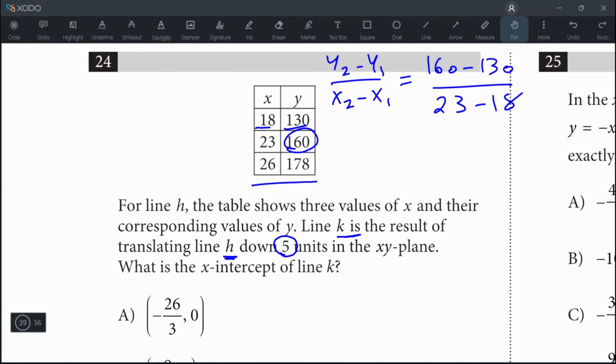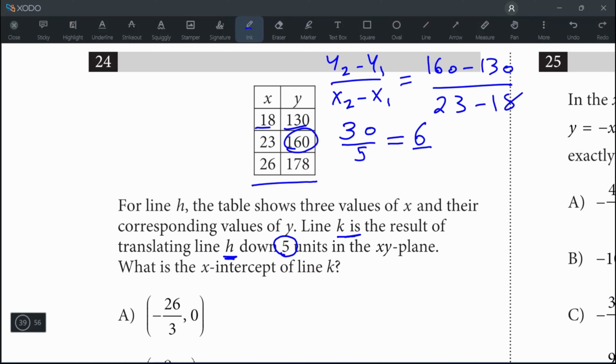So 160 minus 130 over 23 minus 18. That is 30 over 5, which is equal to 6.